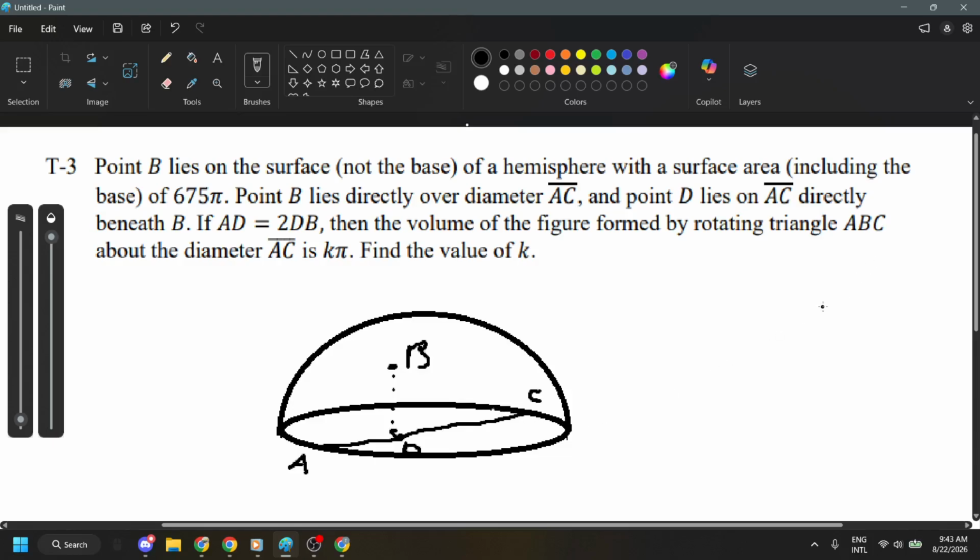Then the volume of the figure formed by rotating triangle ABC about that diameter AC is K pi. Find the value of K. Okay, if we want to find the volume of the figure formed by rotating the triangle, I'd assume we need to know the area of the triangle.